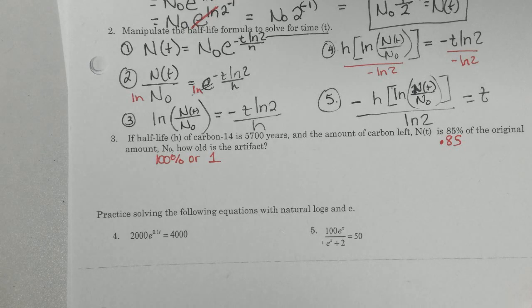What's its half-life? 5,700 years. So 5,700 years for 50% of it to remain. I'm just trying to get y'all to think in terms of what we're working with, because when you first deal with this type of problem, it feels very foreign. But after you've done a few, then it starts to make a little bit more sense.